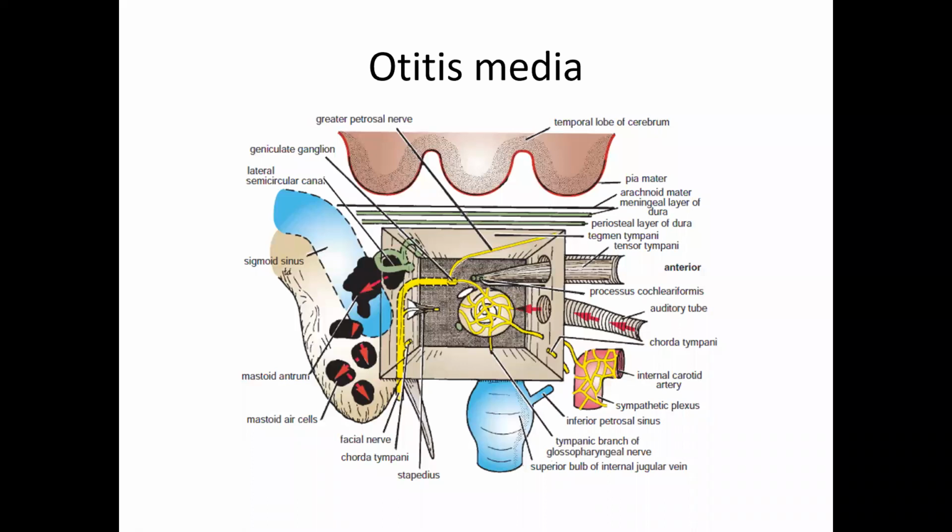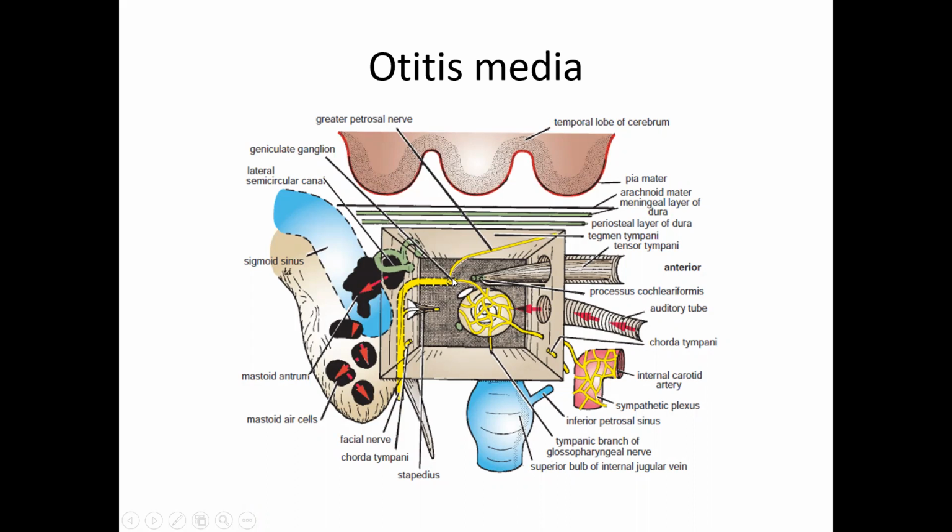Look at the course of the facial nerve. In the internal ear, facial nerve is traveling laterally, which is not shown in this picture. And in the middle ear, it first goes posteriorly. So there is a sharp bend from medial to lateral to anterior to posterior. Sharp bend is where the geniculate ganglion, the sensory ganglion of facial nerve, is.